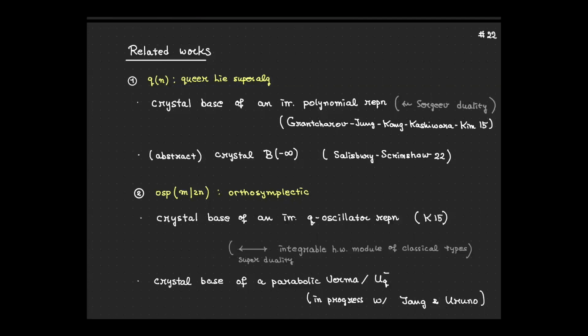So the current project with my collaborators Zhang and Bruno is that we're trying to prove the crystal base of the parabolic Verma module, and after that we want to take a limit to the negative part of the quantum group. On that topic, the oscillator representation, I think there is also some good combinatorial model.